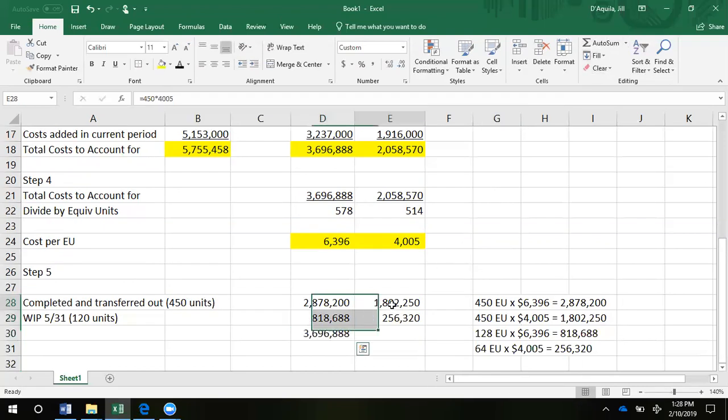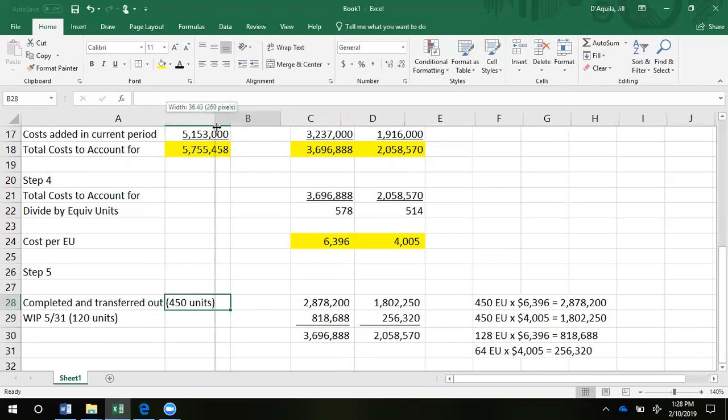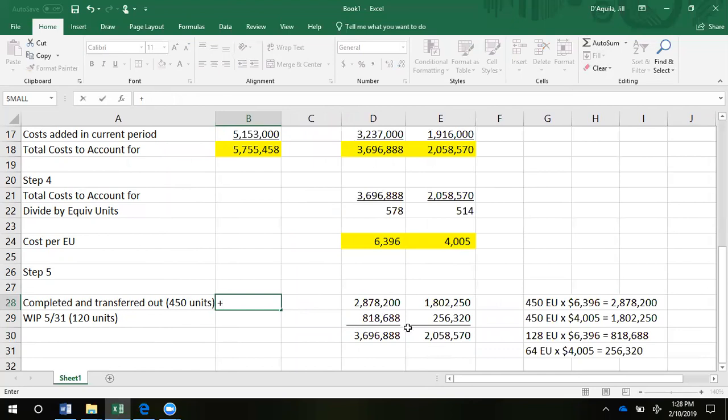Add these together, total them up, total up the conversion, and we now have total costs to account for. So for my totals, I have $4,680,450. These are the costs of those goods that were completed and transferred.